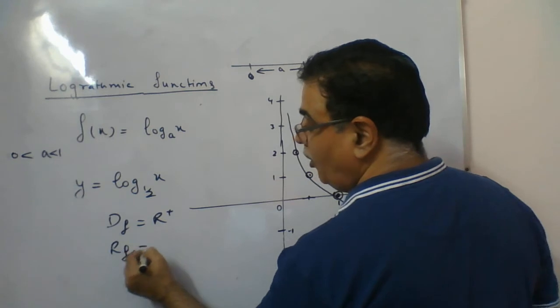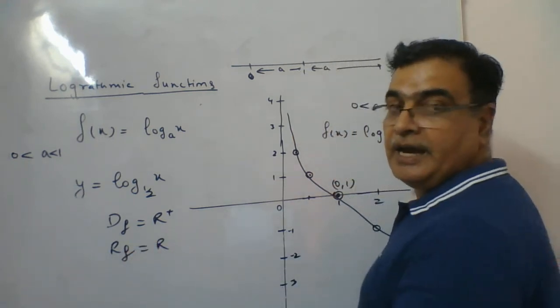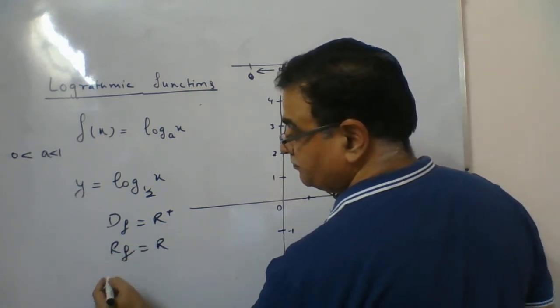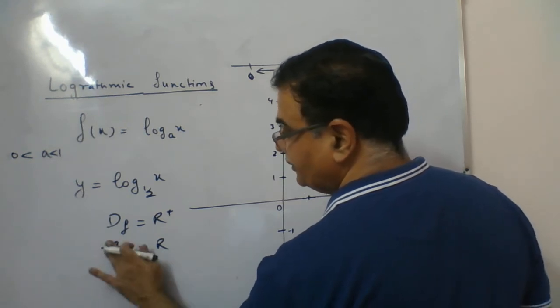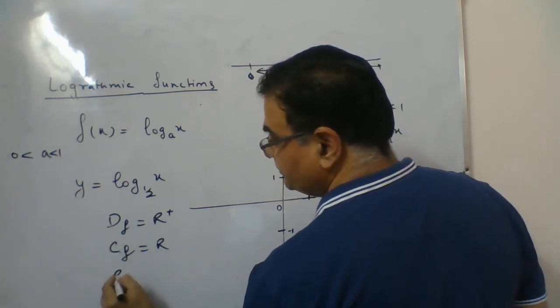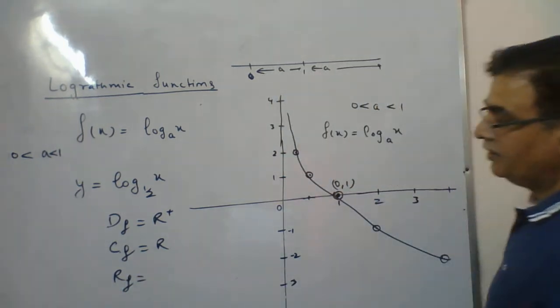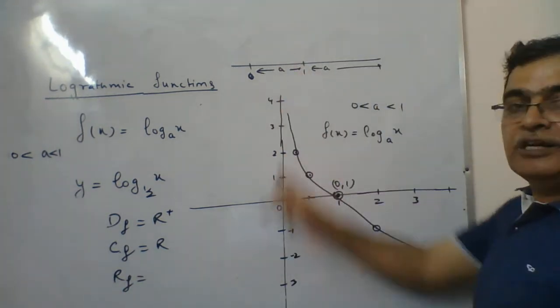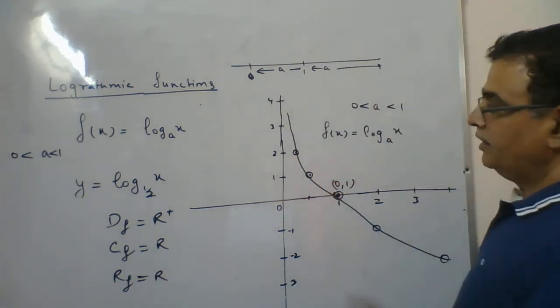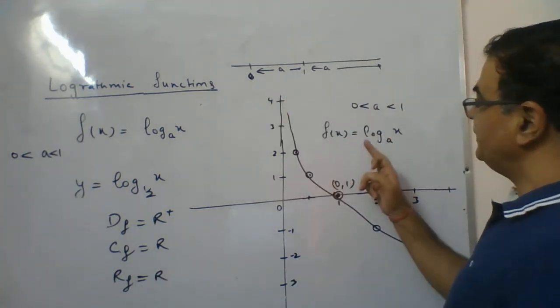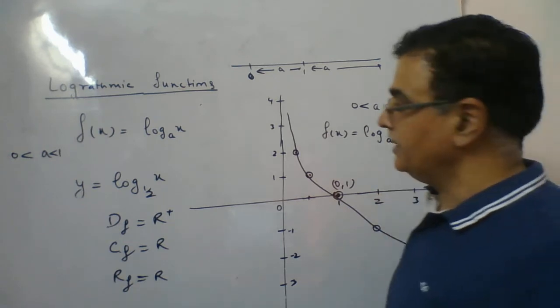Range will be all the real numbers. Now check here, y can be anything we can place. So we will say it will be all the real numbers. And this will be the graph we will have for log x with base a.